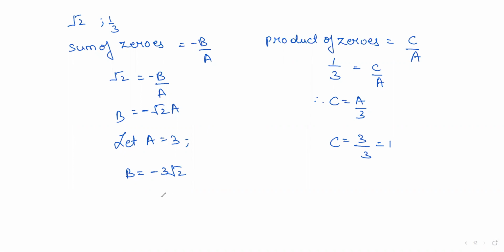Therefore, what do you have here? Your given quadratic polynomial is ax square plus bx plus c. This is your required quadratic polynomial.